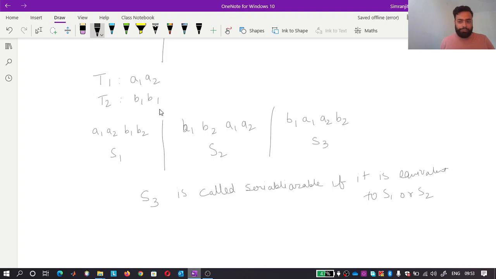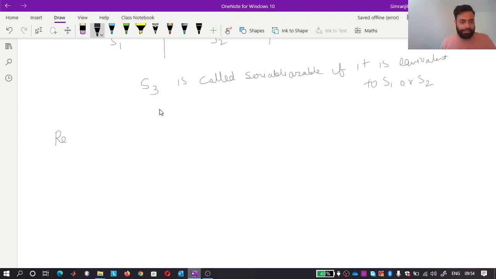Now we are talking about the first thing, that is result equivalent or result serializability. So what is the result equivalent schedule? These schedules are a part of serializable schedules. There are three types of serializable schedules. The first one is the result equivalent schedule. Again, the definition follows the same. Two schedules S1 and S2 are said to be result equivalent if they produce the same result.